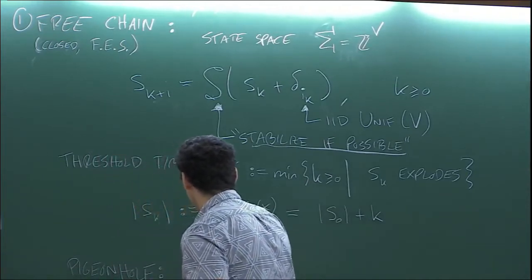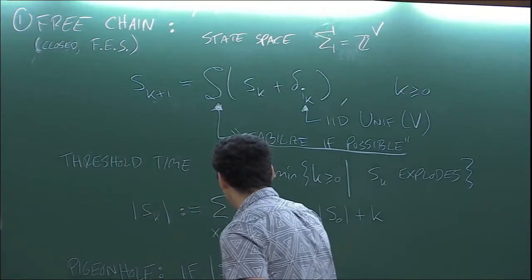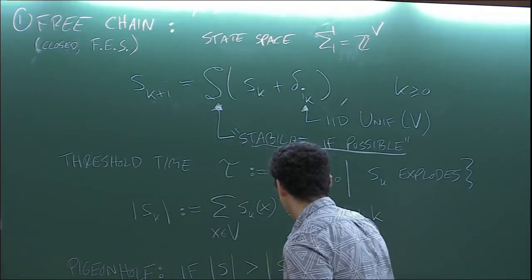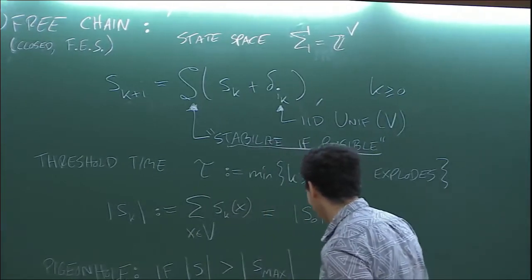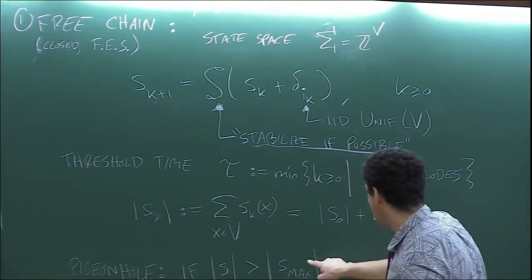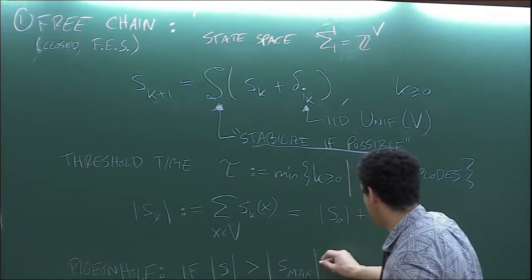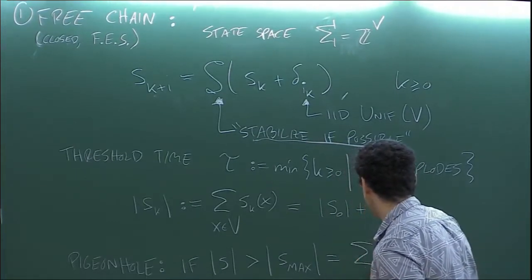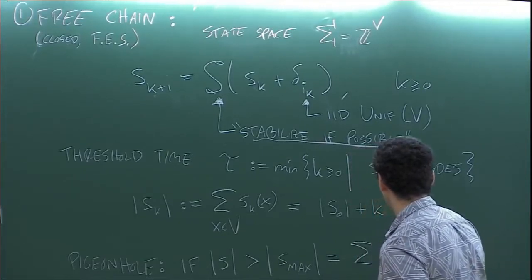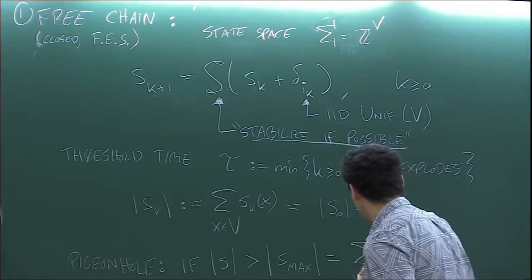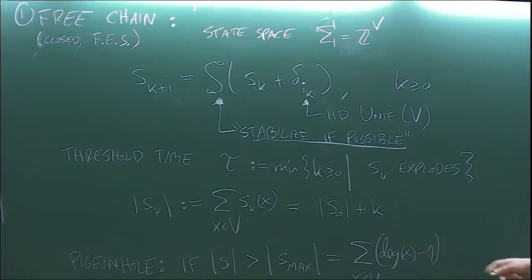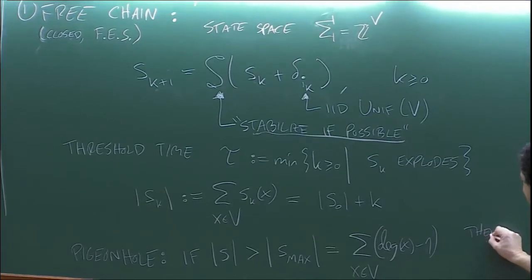If S is any sandpile with strictly more chips than S max, where S max is the sandpile with degree minus 1 chips at every vertex, so this is the sum over x of degree of x minus 1, if you have strictly more chips than this, then some site is going to be unstable.